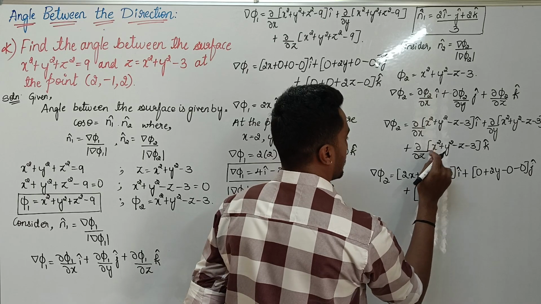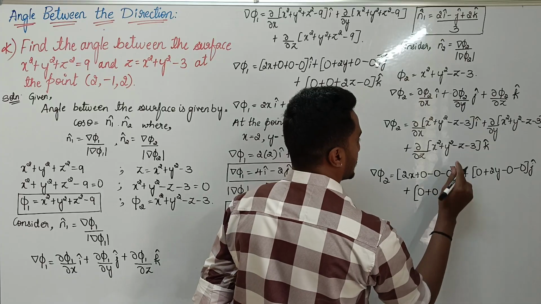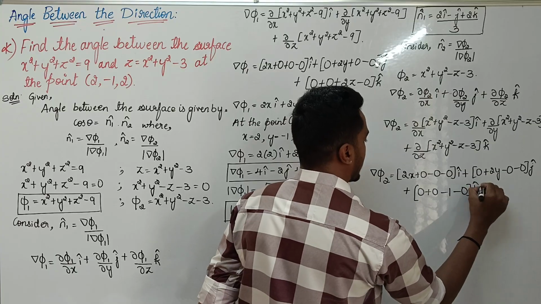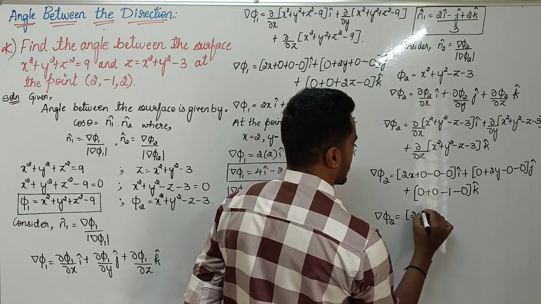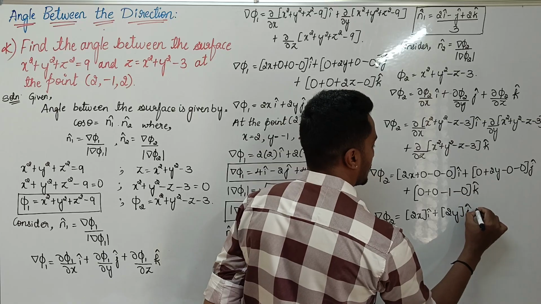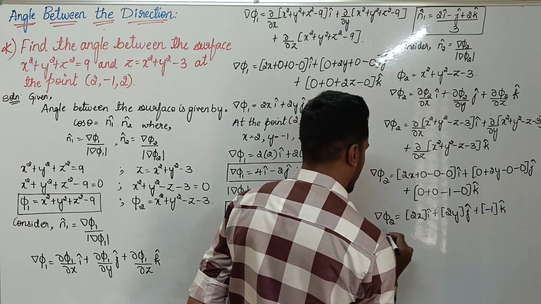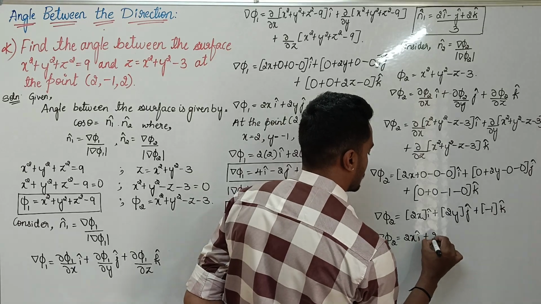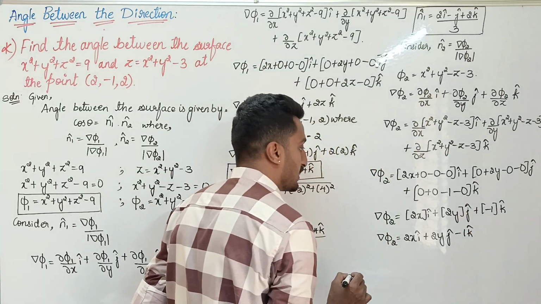Now with respect to z, x square gives 0, y square gives 0, minus differentiation of z with respect to z is 1, constant again 0, so you get minus 1 k cap. Gradient phi2 is equal to 2x i cap plus 2y j cap minus 1 k cap. This is our gradient phi2.